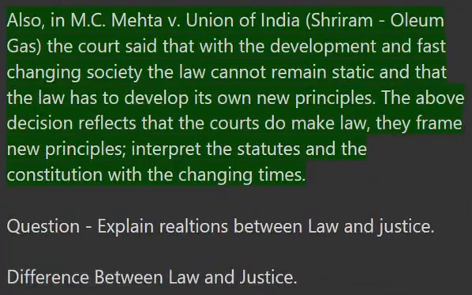Also, in MC Mehta v Union of India, Shriram Oleum Gas, the court said that with the development of a fast-changing society the law cannot remain static and that the law has to develop its own new principles. The above decision reflects that the courts do make law, they frame new principles, and interpret the statutes and the Constitution with the changing times.